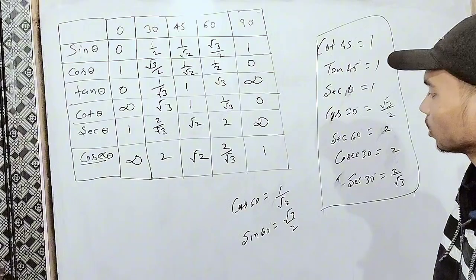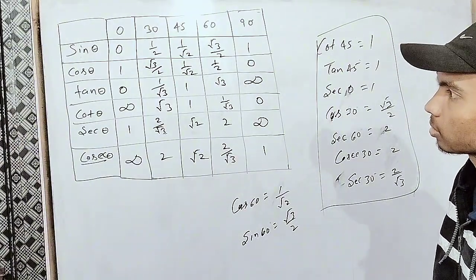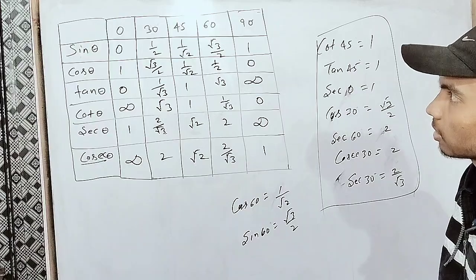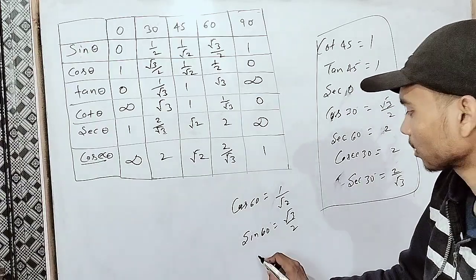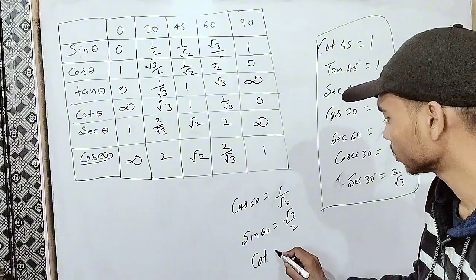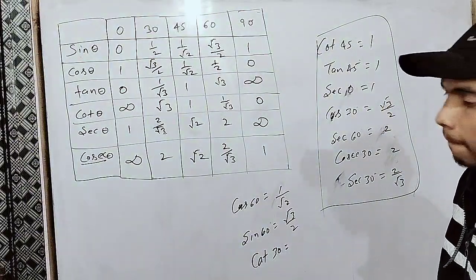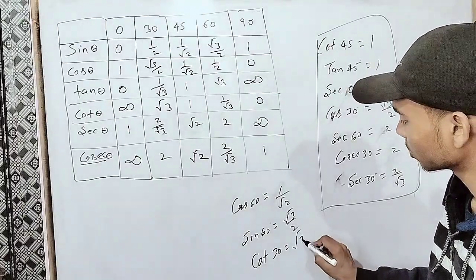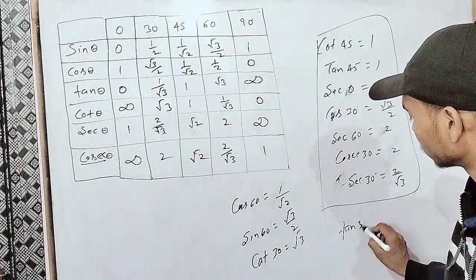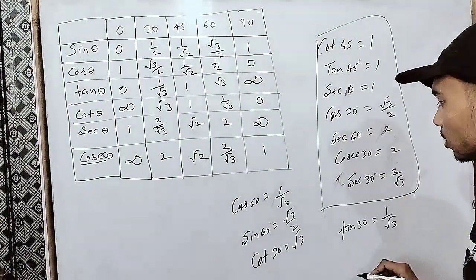Clear? This is how we can remember. Cot 30 degree is root 3. Tan 30 degree is 1 by root 3.